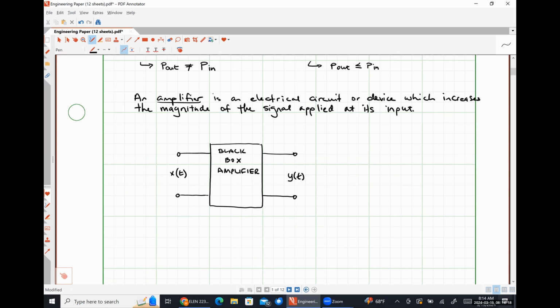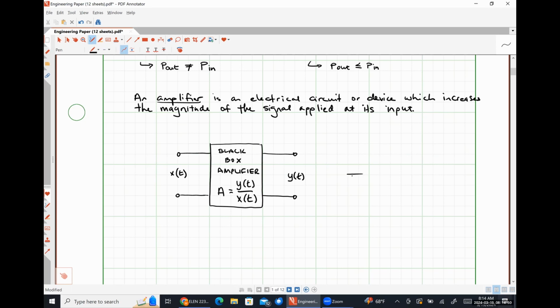So what the amplifier does is it effectively acts on the input signal X of t to generate an output signal Y of t. And so we can describe this action by its transfer function, where the transfer function A is simply the ratio of the output signal to the input signal.